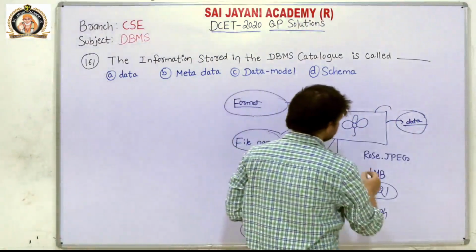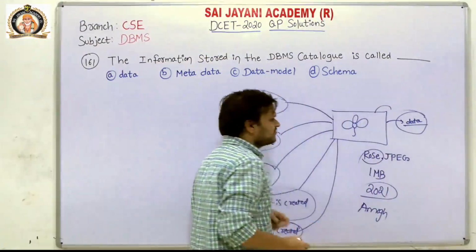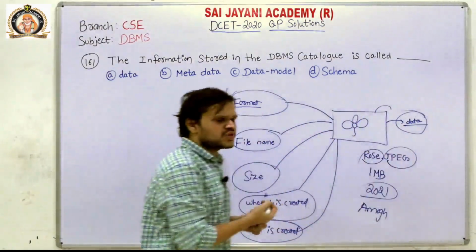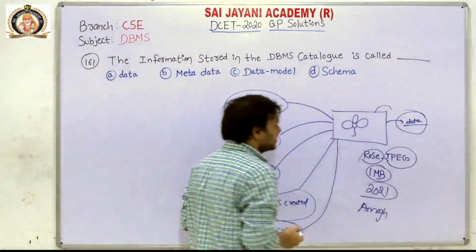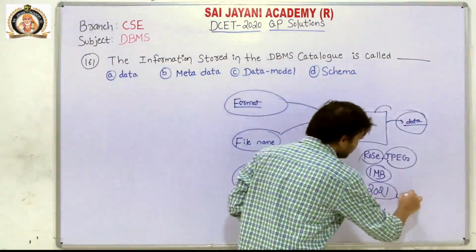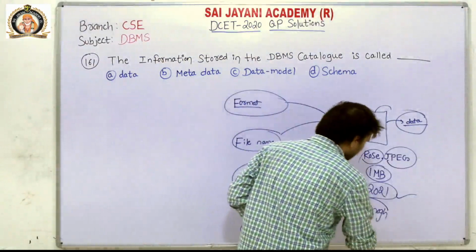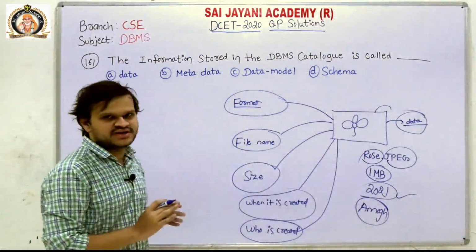For this image I am giving the file name as rose, the format as JPG, the size as 1 MB, created in the year 2021, and Amog created this image. This is called metadata.